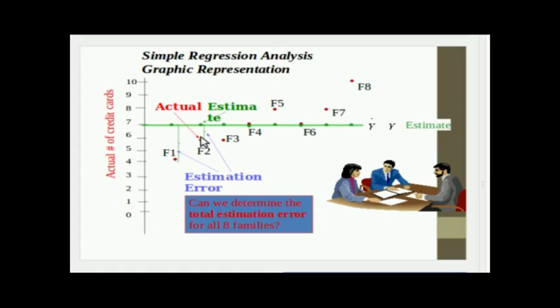Similarly, family 2 actually holds 6 credit cards and its estimated value is 7. So can we determine the total estimation error for all 8 families? The red dots show the actual values while the green dots show the estimated values.